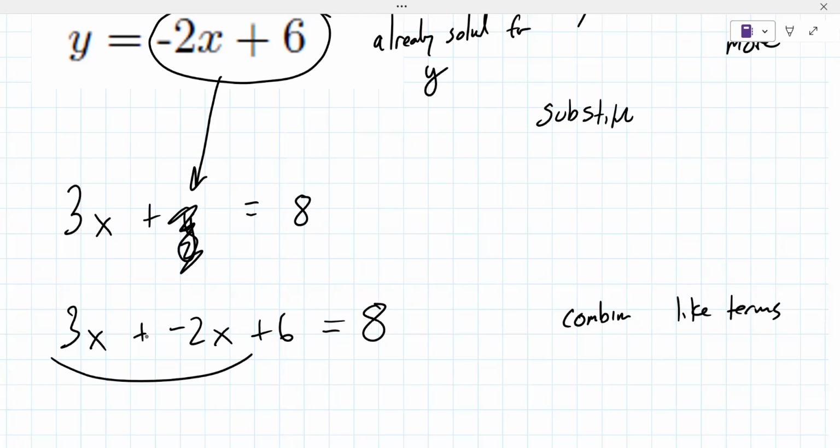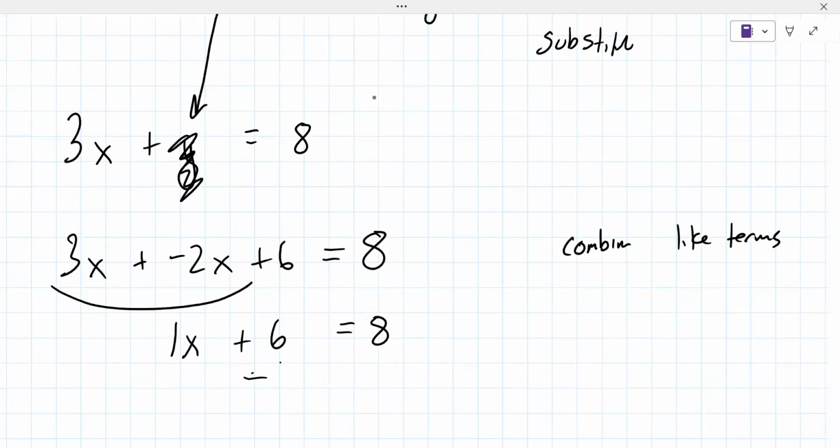One's positive, one's negative, so it'd be 1. 1x plus 6 equals 8. How do you solve this equation? Would you subtract 6 from 8 and then divide by 1? Yes, and you don't need to divide by 1 because dividing by 1 doesn't change anything. Reversing the operations. Yeah.